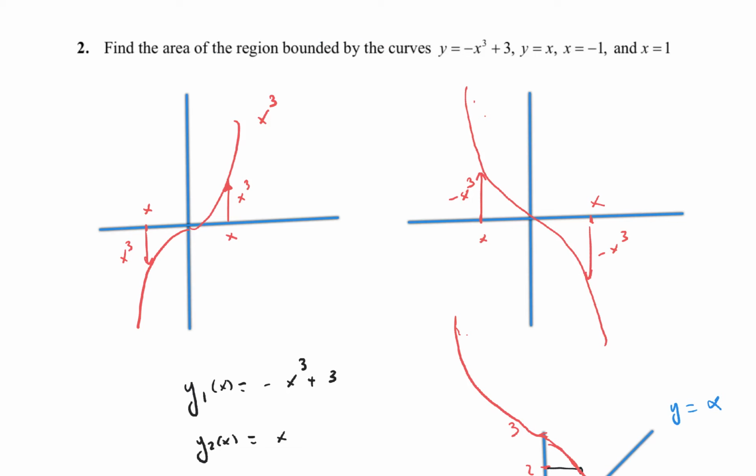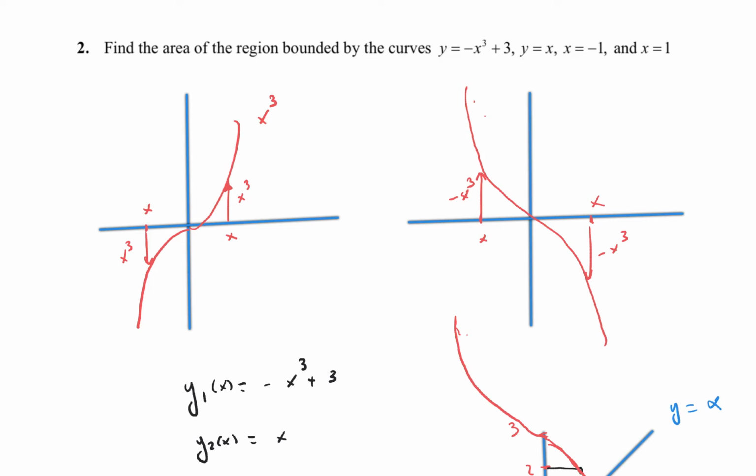Okay, problem number 2 is find the area bounded by the four curves y equals minus x cubed plus 3, y equals x, x equals minus 1, and x equals 1. Okay, the strategy is to draw these functions.